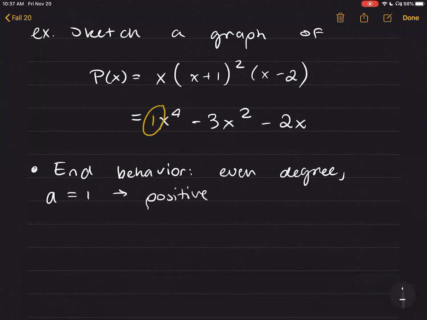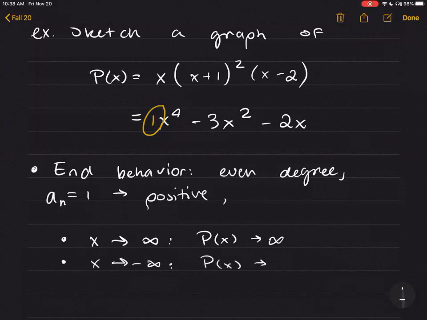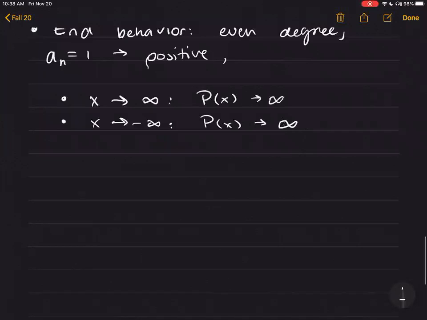So when we have an even degree polynomial and the leading coefficient is positive, then we know that the end behavior looks like this. As x goes to infinity, p of x also goes to infinity. And as x goes off to negative infinity, p of x still goes to infinity. Okay. There's our end behavior, and we'll use that in a minute.